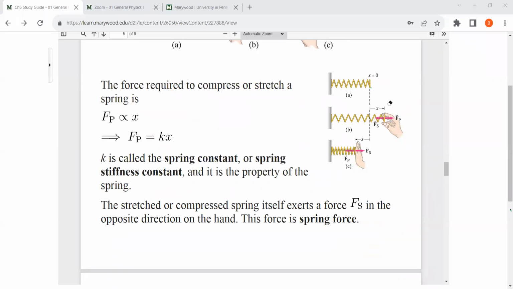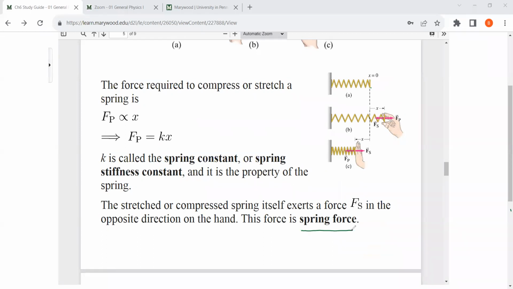At some point, when you release this force, it goes back to its equilibrium position. How does it go back? It goes back to its original position because there is some internal force the spring has that helps the spring go back to its original position.